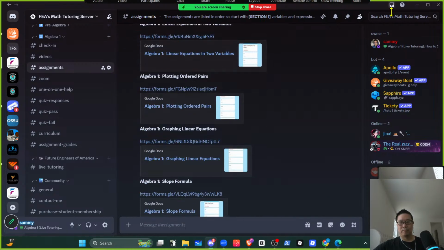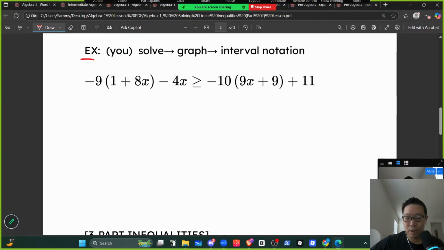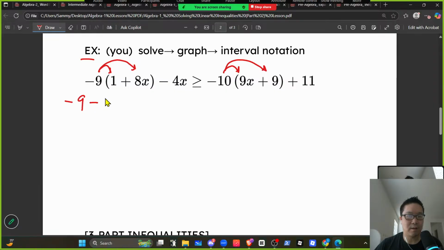I'm done. Okay. So, again, we're going to start by simplifying both sides of the inequality. We get negative 9, negative 72x minus 4x greater than or equal to negative 90x, negative 90 plus 11.